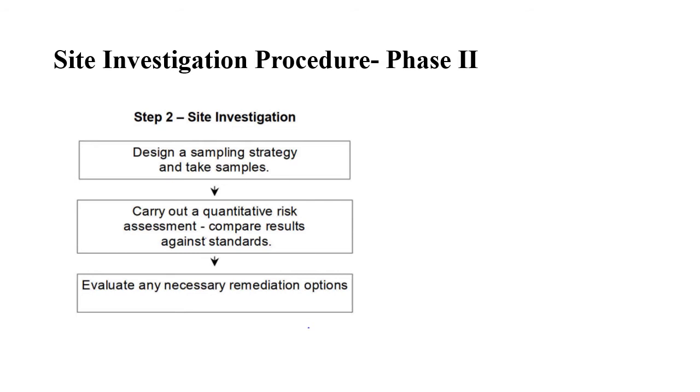When you're collecting the soil samples, you have to explore both laterally as well as vertically downwards, because you have to see up to what depth the contamination has affected the soil, and the lateral extent of contamination should also be explored. So both ways you have to collect soil samples.